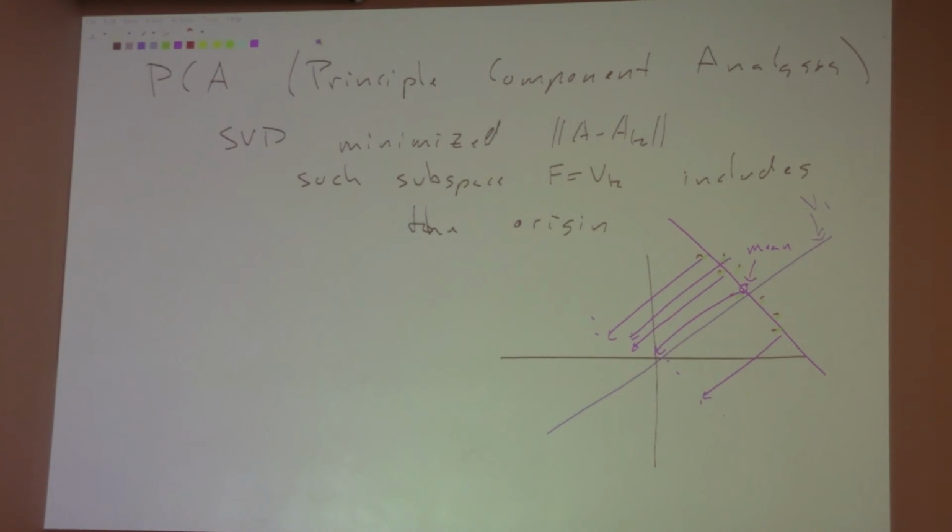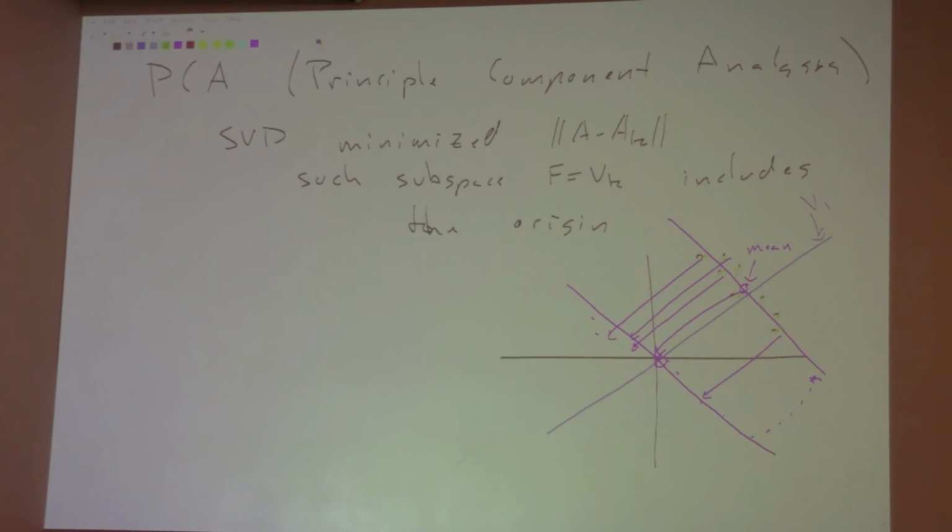Then I can find the subspace that I know goes through the mean using the SVD. And then I need to shift it back out by the negative vector of this mean. Now the mean is going to be a data point, but you can think of it as a vector, and then you just subtract it from all the data points.